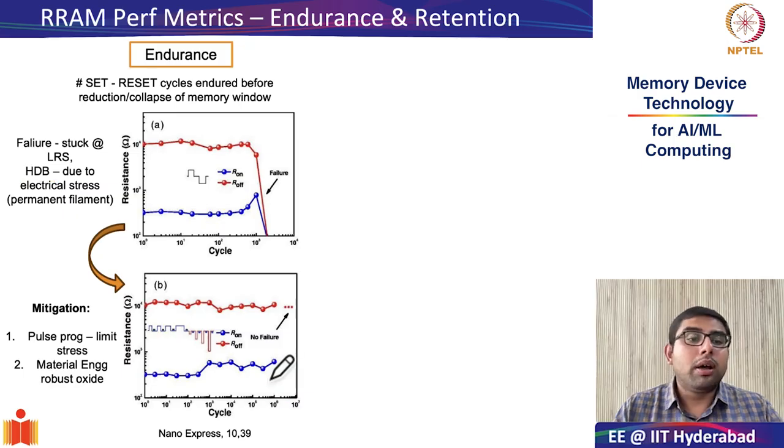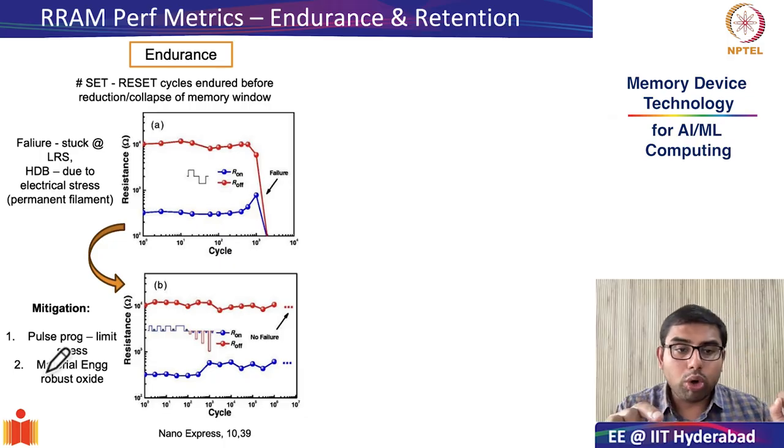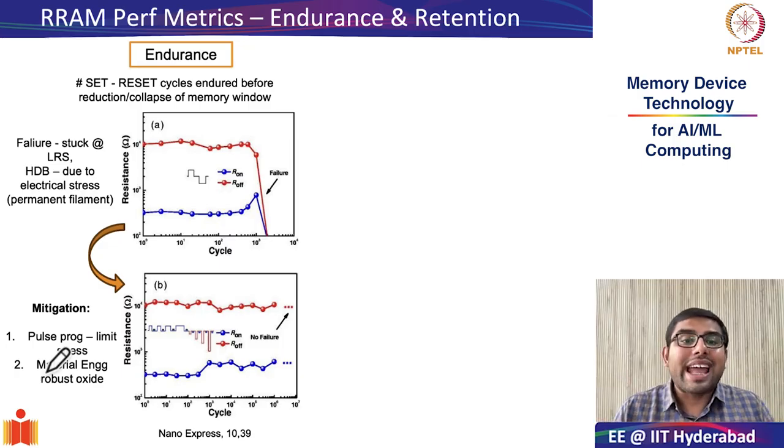The other method to mitigate endurance problems is by using materials engineering. Generally this involves increasing the band gap of the material under consideration or improving the interface between the top electrode and the oxide film. How this helps is that larger band gap materials can withstand larger electric fields and therefore are more robust against electrical stress.